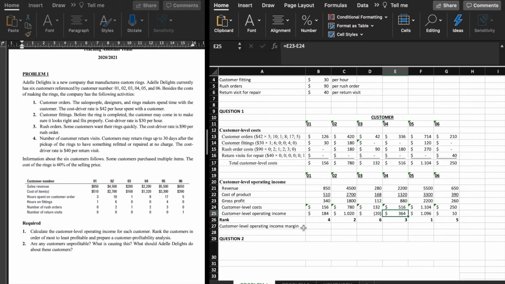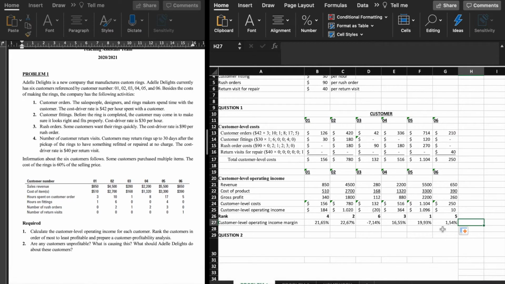And to prepare a customer profitability analysis, we can calculate the customer level operating income margin. It is customer level operating income divided by the revenue. So we can get the profitability analysis.